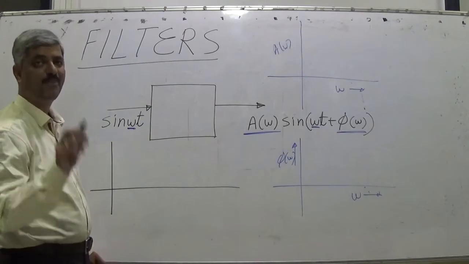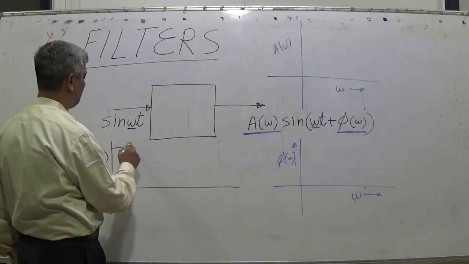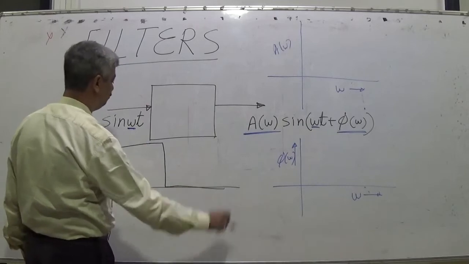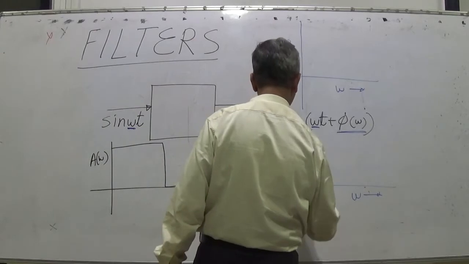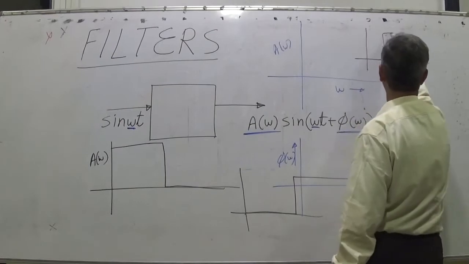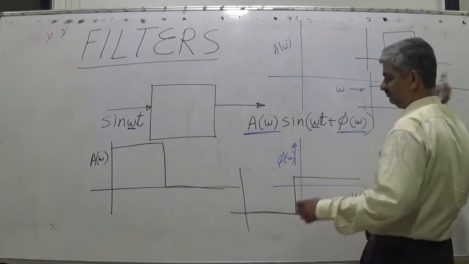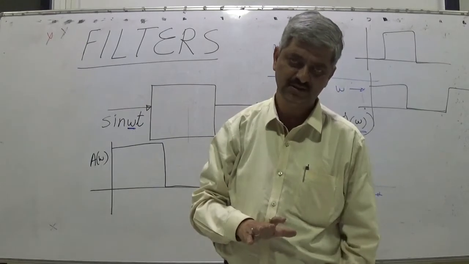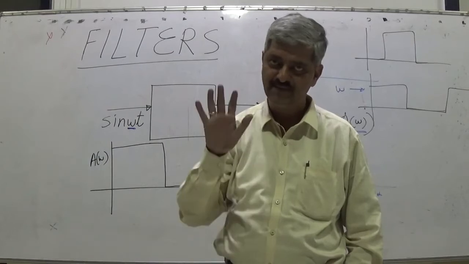An ideal low pass filter should offer a gain of 1 up to a certain frequency, and then the gain should drop to 0. That is a low pass filter. A high pass filter is obviously exactly the reverse. A band pass filter would be like this, and a band stop filter would be something like this. Is it clear? So a filter is a very simple concept: low pass, high pass, band pass, band stop.